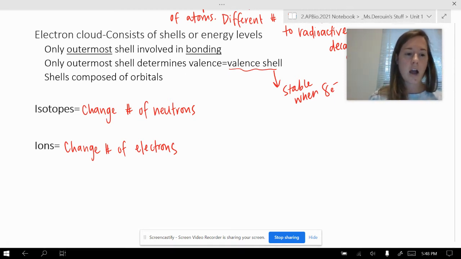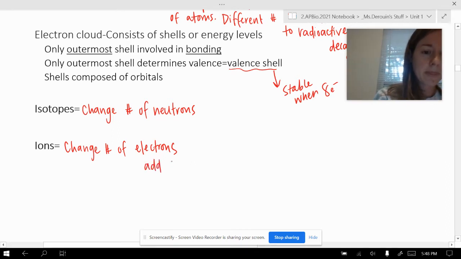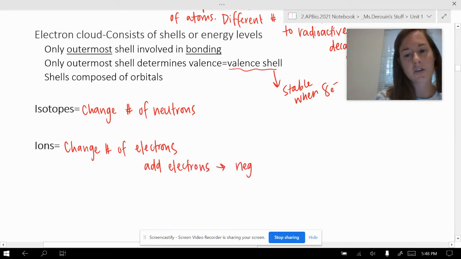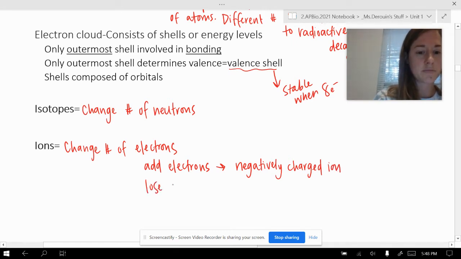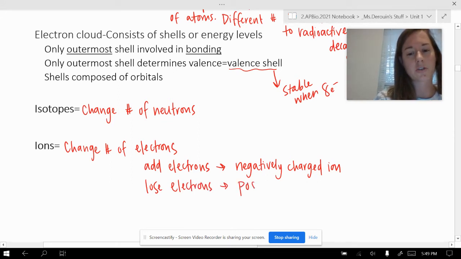For ions, if you add electrons, you become a negatively charged ion. And if you lose electrons, you become positively charged.